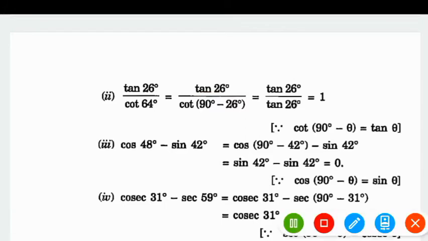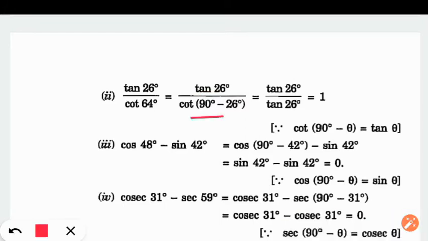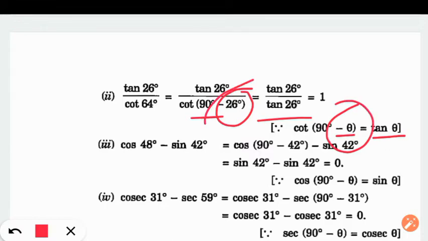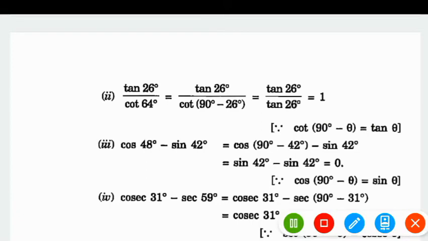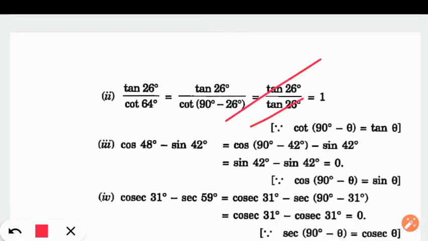Now apply the formula: cot 90 degrees minus theta gives tan theta. Here in place of theta we have 26 degrees. So cot 90 degrees minus 26 degrees gives tan 26 degrees. See, both cancel each other and the result is 1.